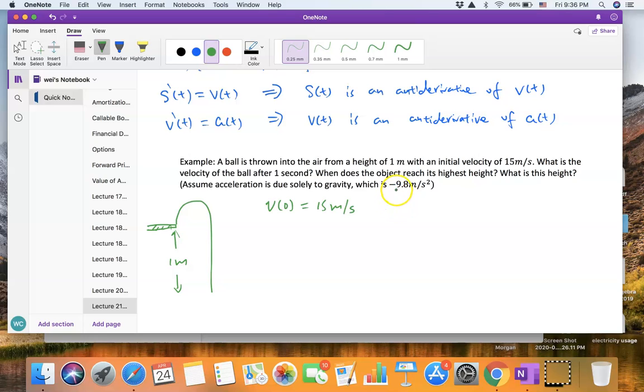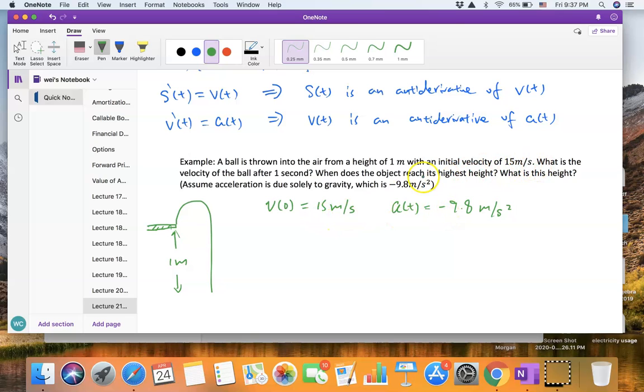The acceleration is negative 9.8 meters per second squared. Now, this negative sign here is because we assume the positive direction is upward, and since the direction of the movement is downward, that's why it's negative.